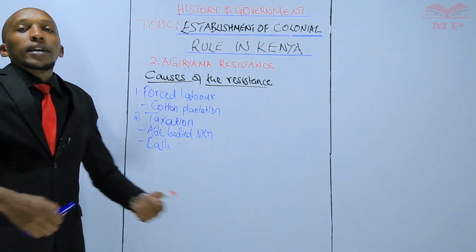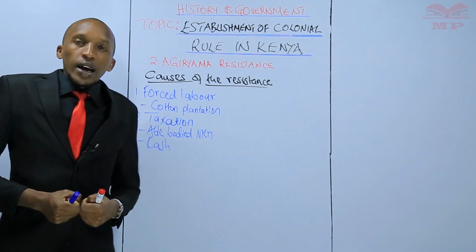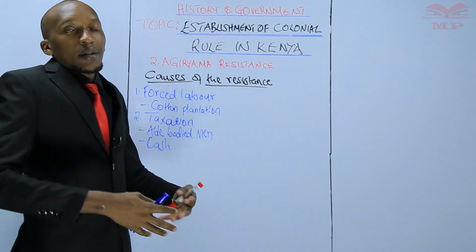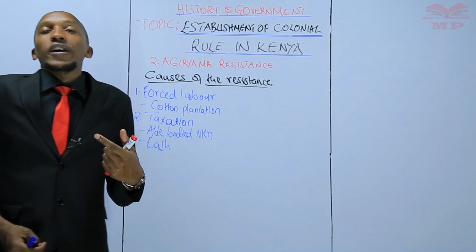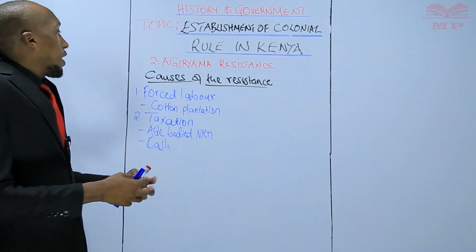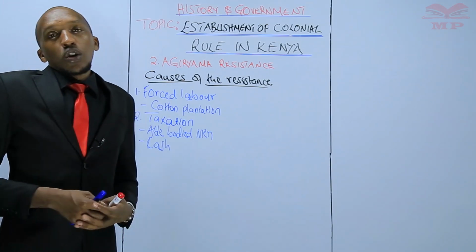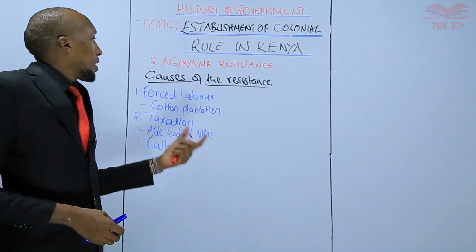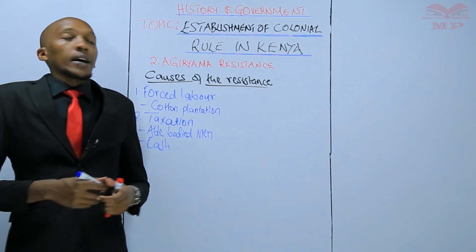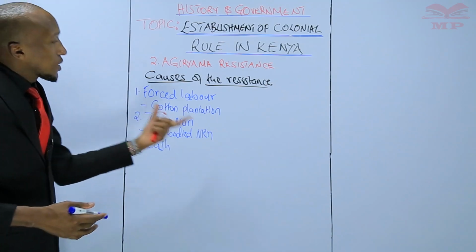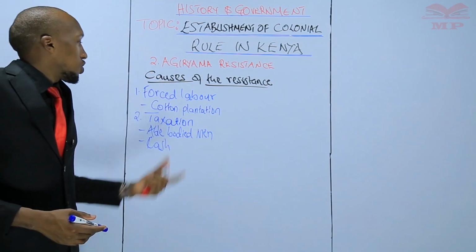Just because you are well built and you have strength and you have grown, you are mature, you are supposed to pay tax by just the fact that you are a grown-up man. So that made the people very angry, and they decided to resist the British rule.